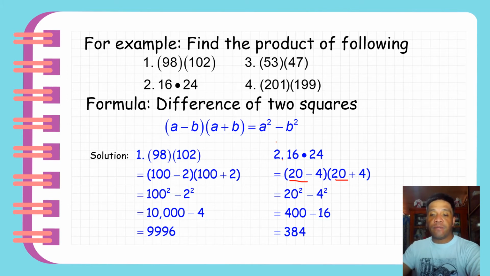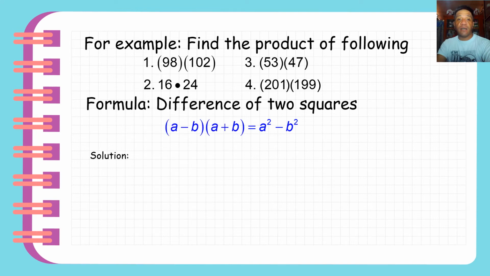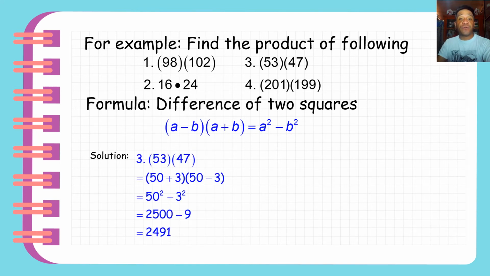Okay, so let us try if it's correct. 2491, and that is correct. So our base again is 50. Then 2500 minus 9, so we have 2491.